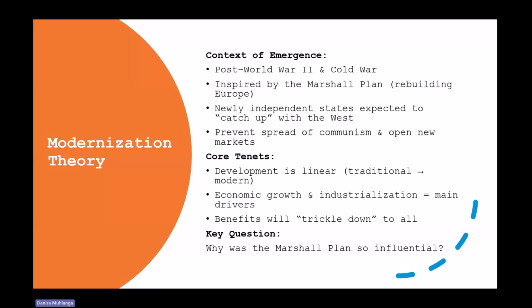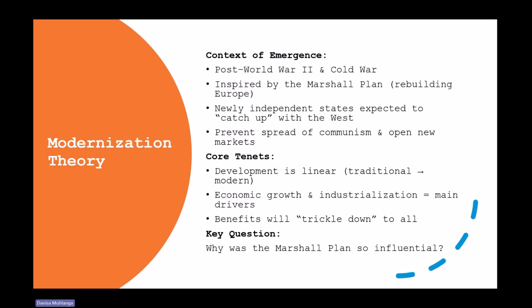It was inspired by the Marshall Plan to rebuild Europe, right? You're getting these ideas and you're jotting them down. And then the newly independent states were expected to catch up with the West, and it was made to prevent the spread of communism and open new markets, right? So this is the history of modernization theory.